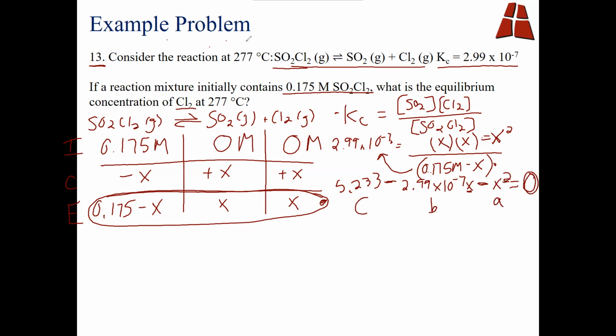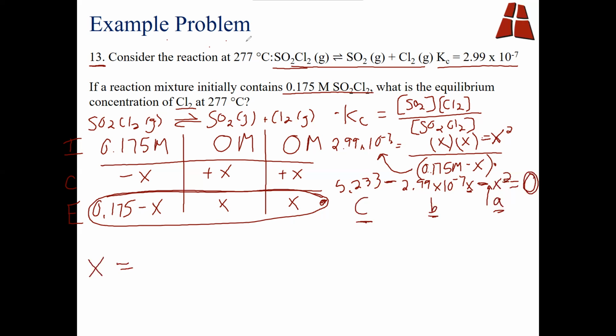And so for those of you that don't remember the quadratic equation, it's x equals negative b plus or minus the square root of b squared minus 4ac, all over 2a, sorry. And so if we were to write that out to solve for x, the a term in particular is going to be 1, because we look for the coefficient in front of that.